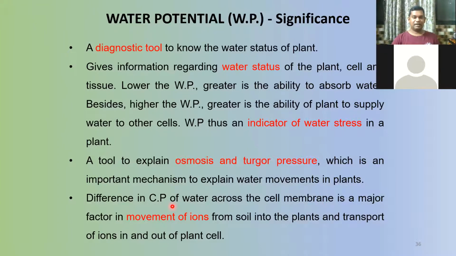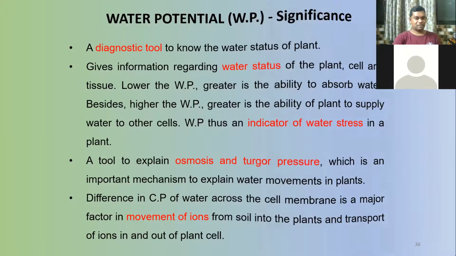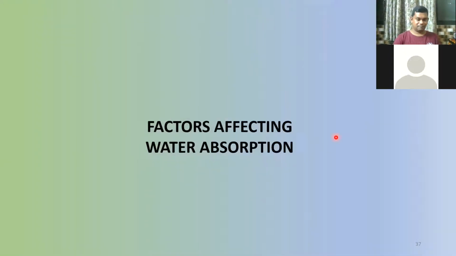So the movement of ions that we saw just now, facilitated diffusion, channel proteins, carrier proteins, also depends on the chemical potential of water inside and outside the cell. It is also about the movement of ions and molecules across the membranes. Understood the concept of potential properly?